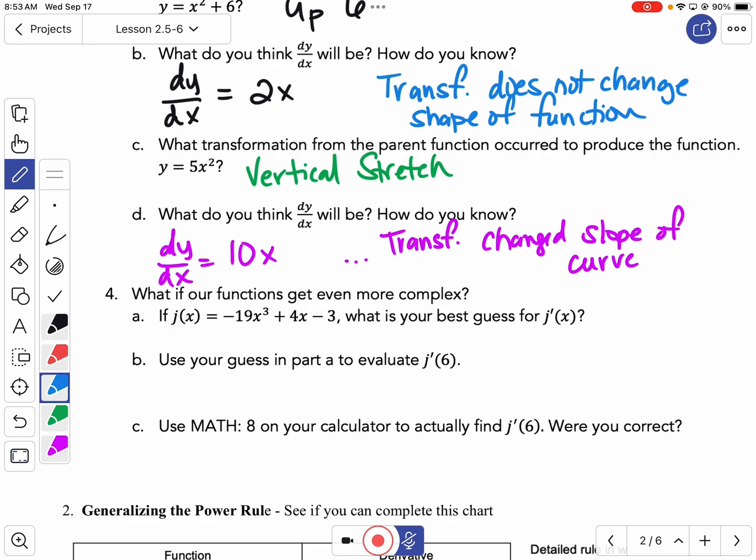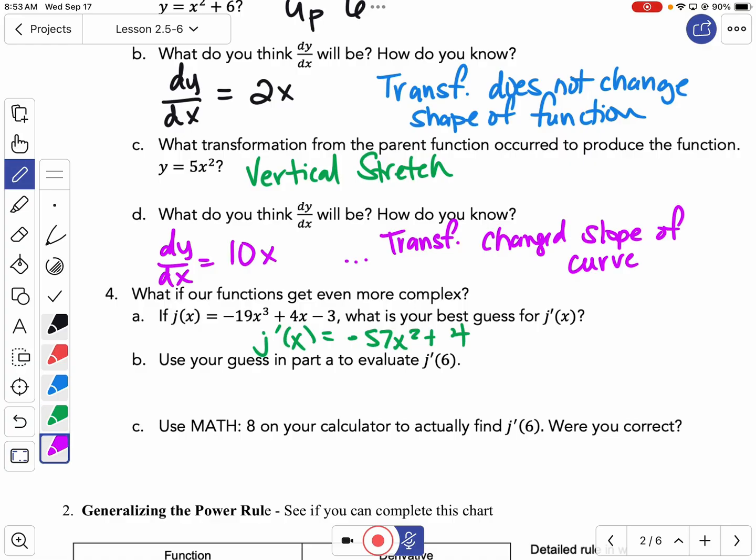All right, so now let's do some best guesses. If our function gets more complex, so negative 19 x to the third plus 4x minus 3, what's your best guess for j prime? That is 100% correct, okay?